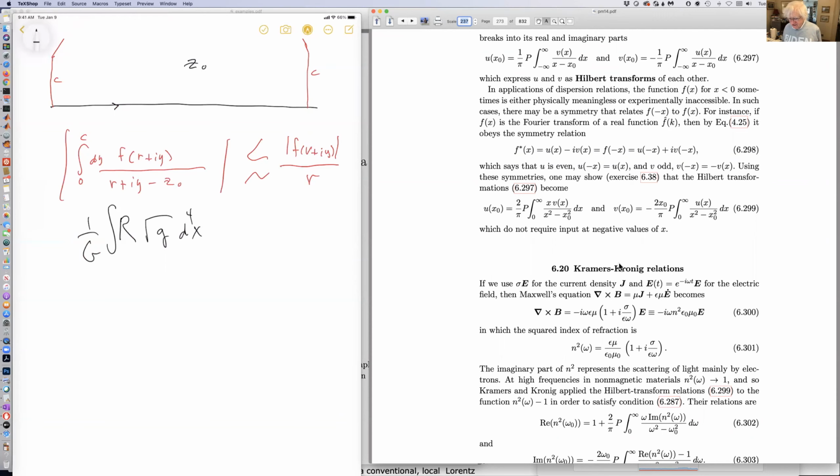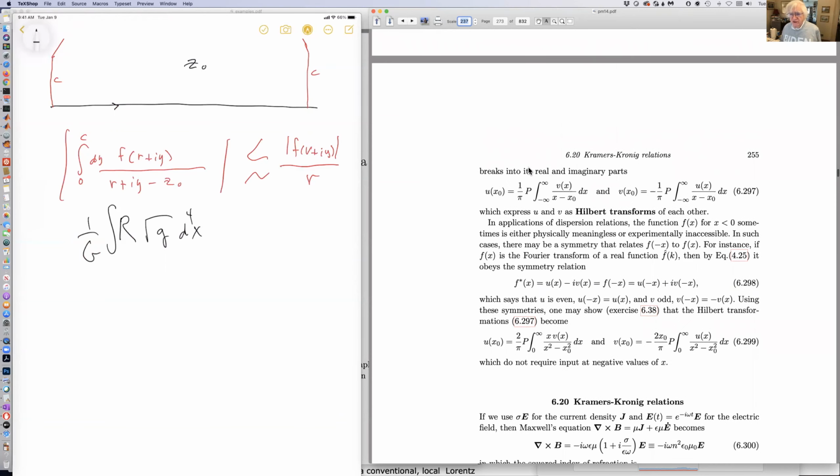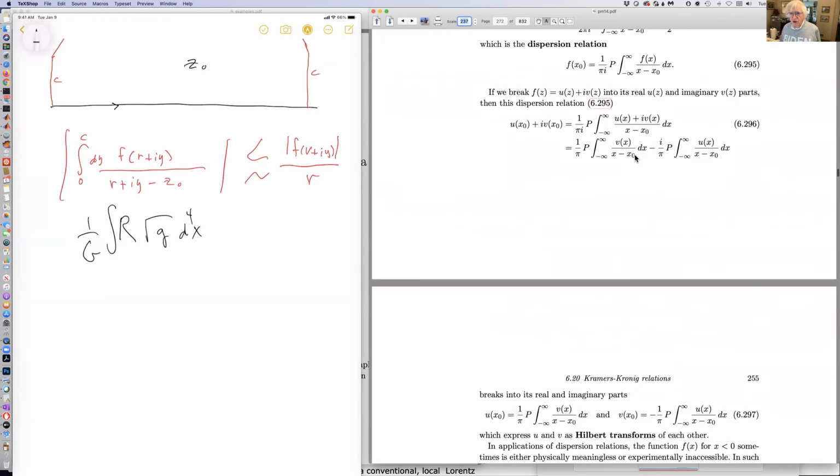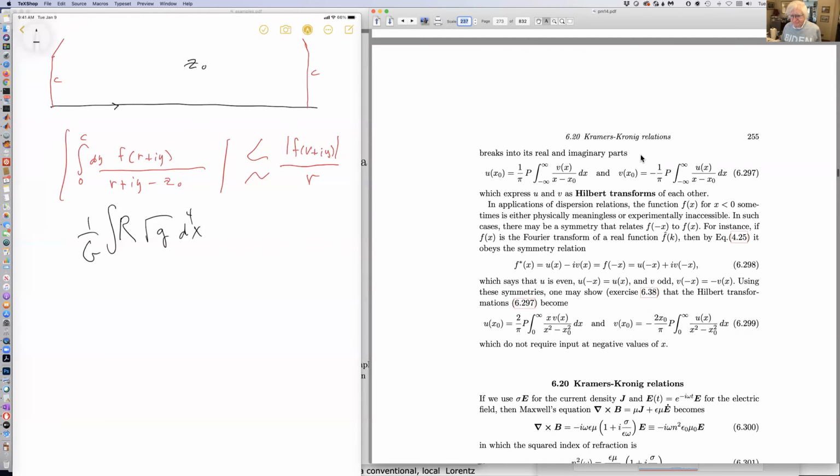Now, obviously, when we look at these two equations, we see that x is some physical variable. The dispersion relations are incredibly general, so it could be any physical variable. But it's often true that the physical variable is experimentally accessible only for positive values of the variable.